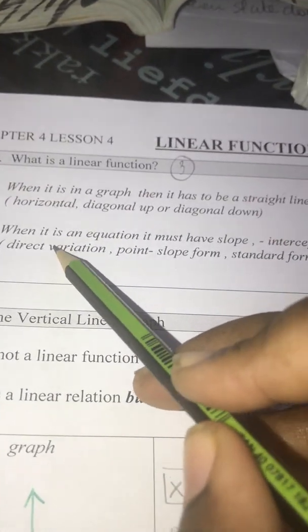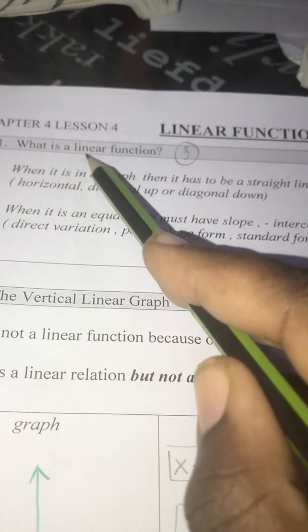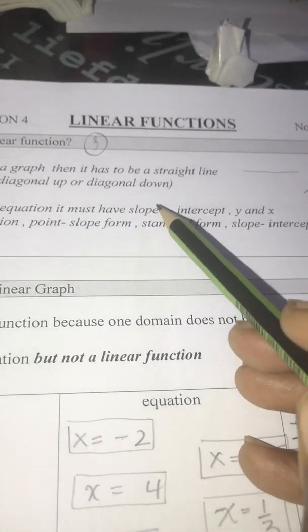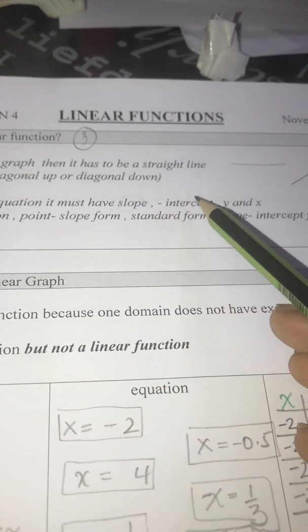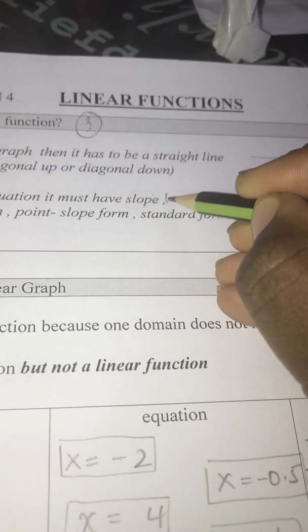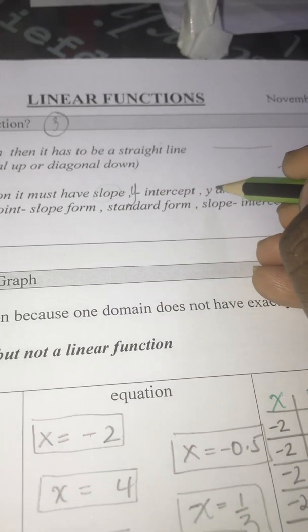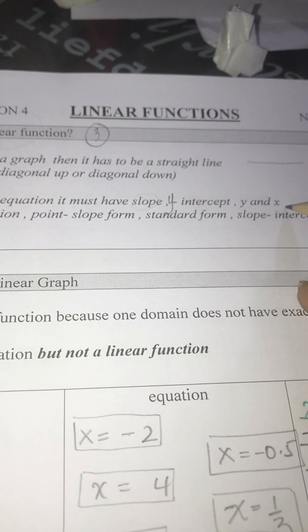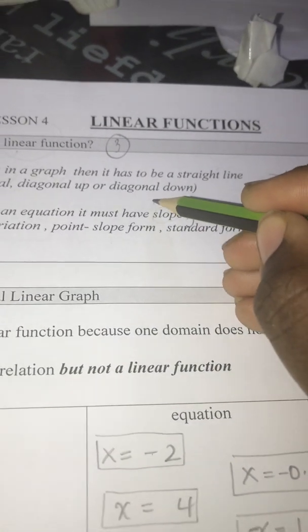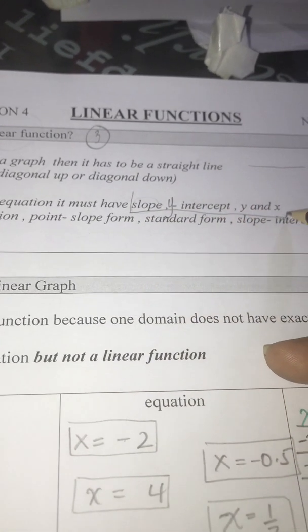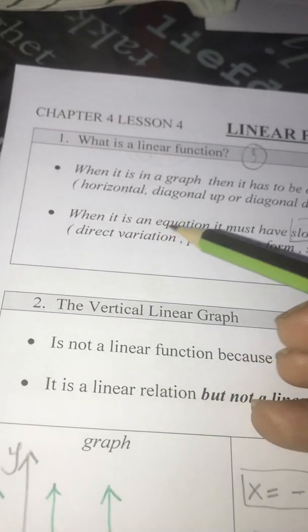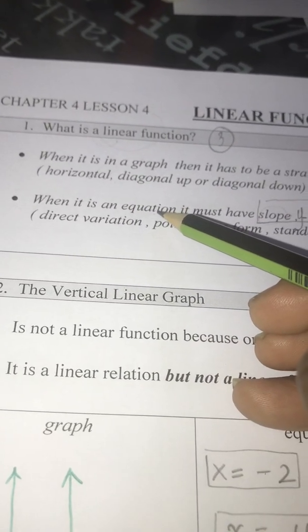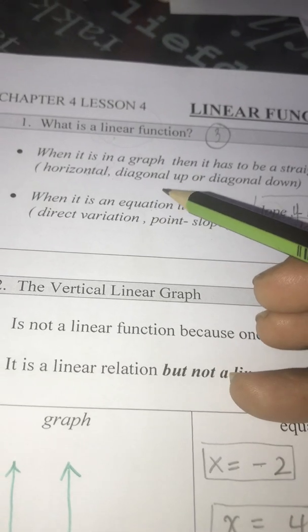When it is an equation and it is linear, you must have slope, y-intercept, y and x. These 4 things must be there for it to be a linear function equation.